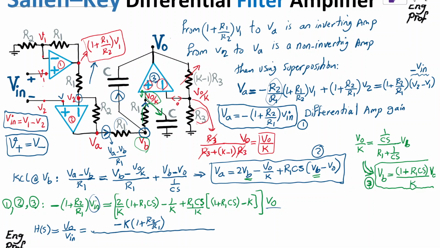Okay, so that's the numerator, and then we have effectively 1, because 2 minus 1 becomes 1.